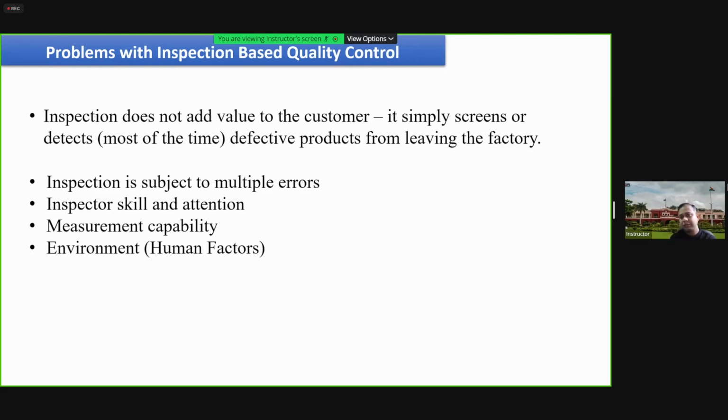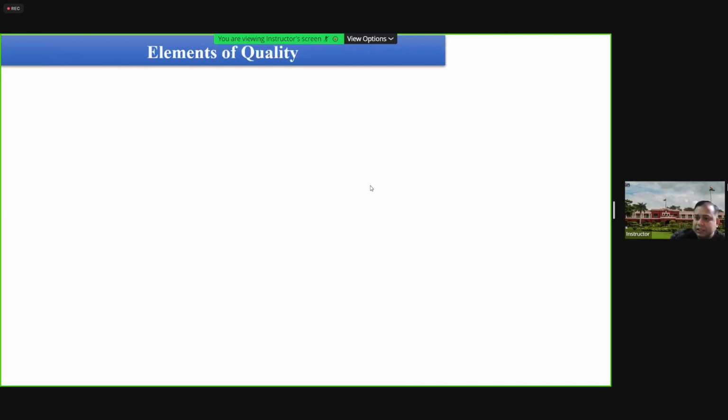That is why these quality gurus say that since we cannot control these things, even after doing inspection we cannot control 100% of defects. So it is better that we focus on defect prevention.